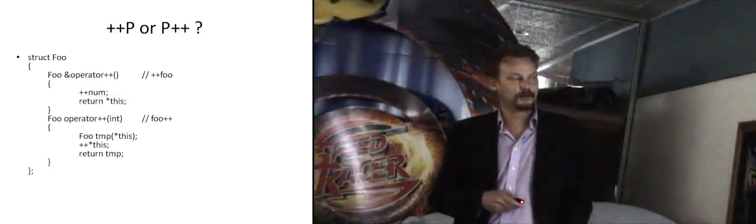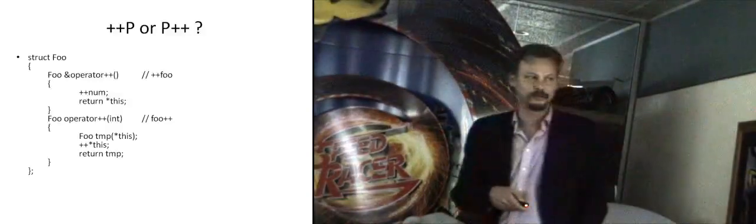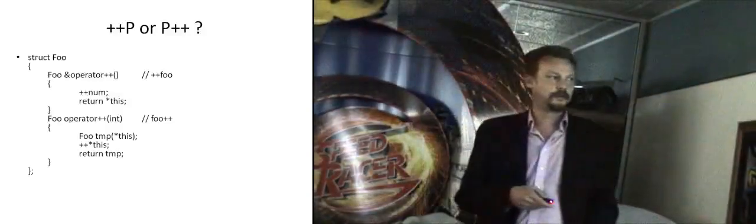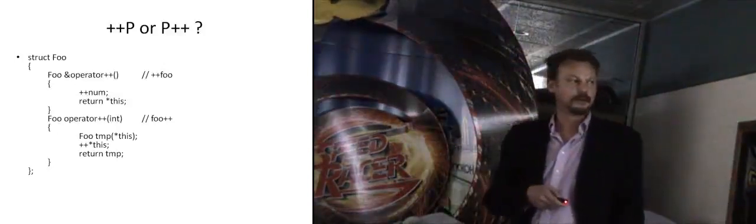If we have a Foo and we want to have both pre and post, we've got to use this weird design, where an int is used to specify postfix. If we use prefix, which is the preferred way, then we can return a reference. We can pretend that there's an int num in this structure. Then we can pre-increment our number and return a reference to this, and we're done.